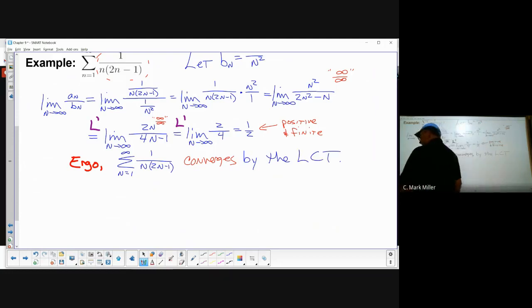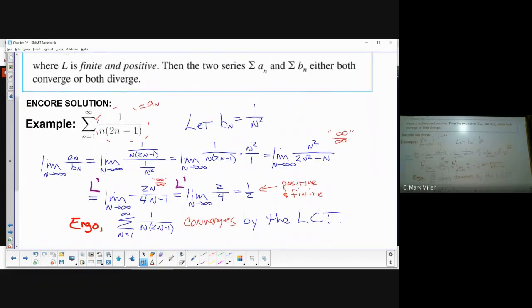Oh, one more thing. I left off something very important that I'm going to want you to include. But I'll let you copy that right down. Okay. The important part is we let BN equal something. We got to say what this does. Does that converge or diverge? We have to say it.